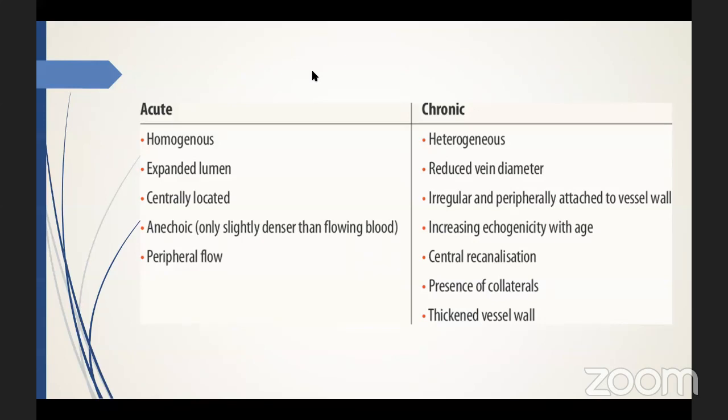And like I said, it's filling the entire lumen. But the chronic one is heterogeneous and also attached to the vein wall, and it's quite bright. The echogenicity is hyperechoic, and you would be able to see some collaterals if you are moving around the affected area.